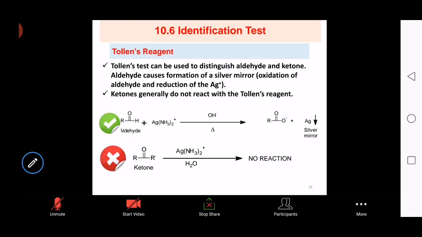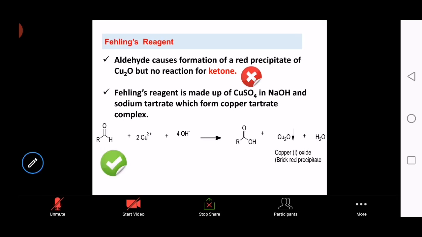Okay, so when butanal reacts with Tollens' reagent, it will produce silver precipitate ataupun silver mirror, through oxidation. But for ketone reacting with Tollens' reagent, no reaction, ataupun nothing change.